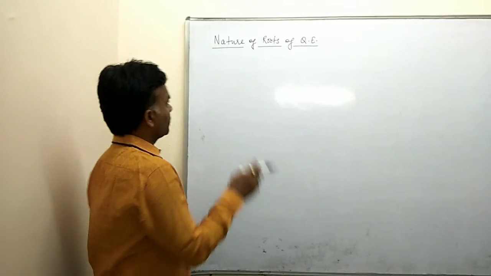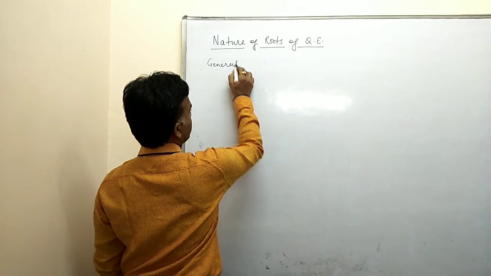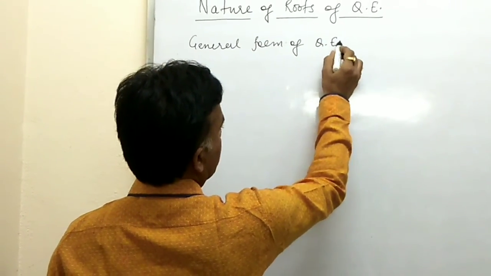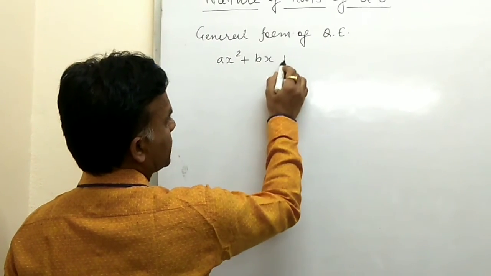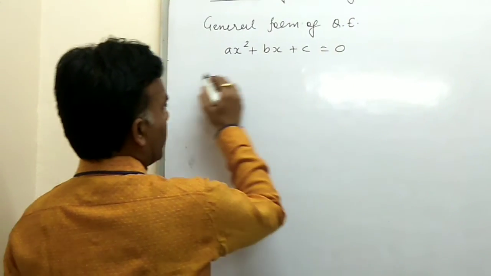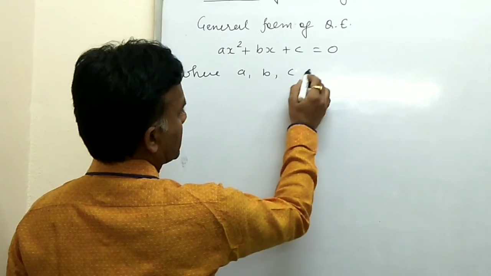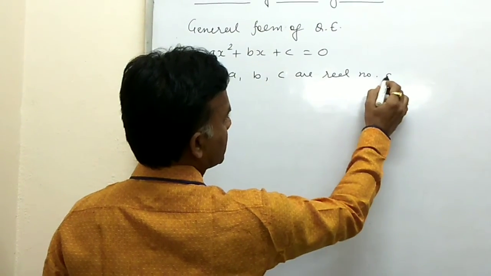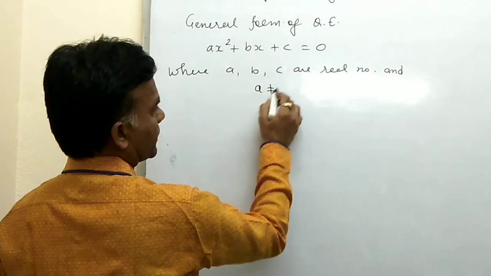Okay, so first we define the general form of the quadratic equation. We know that it is ax square plus bx plus c equal to 0, where a, b and c are real numbers and a is not equal to 0.